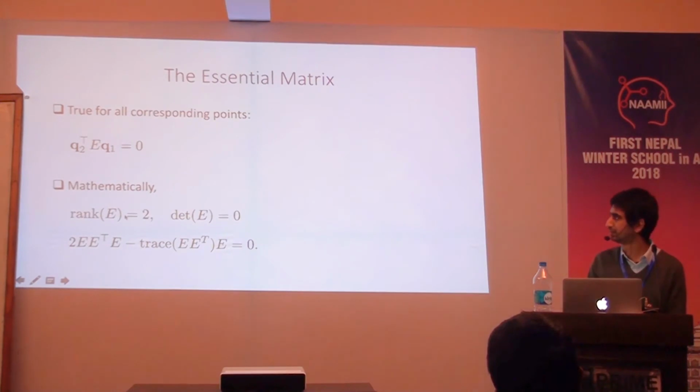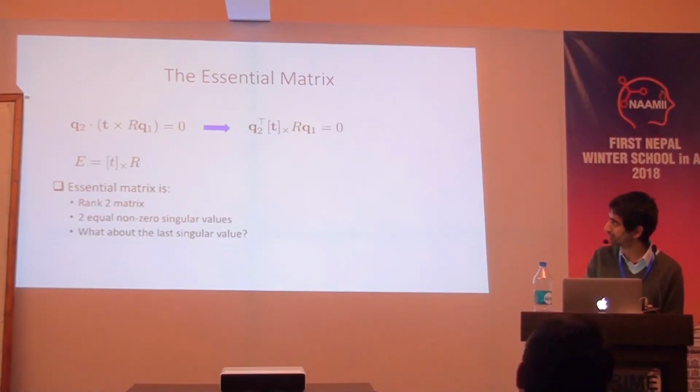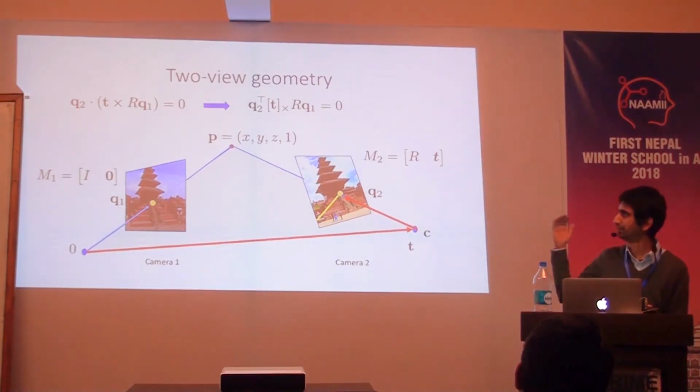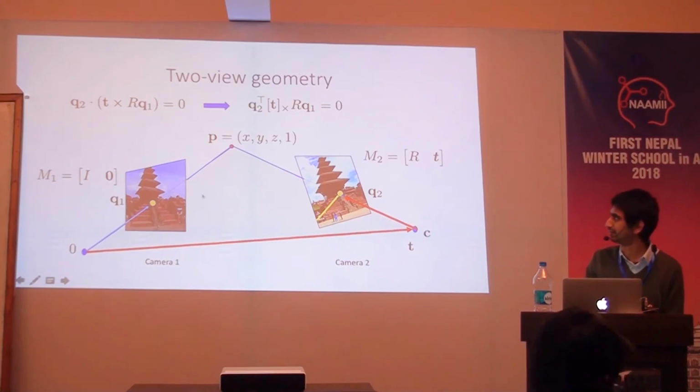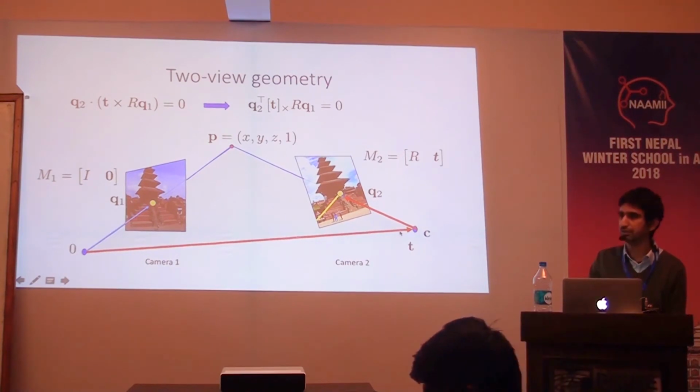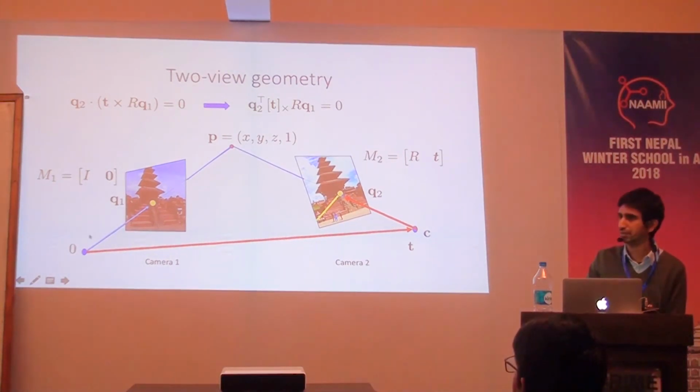So next topic we will see how we can compute E. The reason we want to compute E is, let's see this. We had two images and we want to reconstruct 3D. If we know the location of this camera with respect to this camera, we know that we can draw lines back project into the 3D point, right?